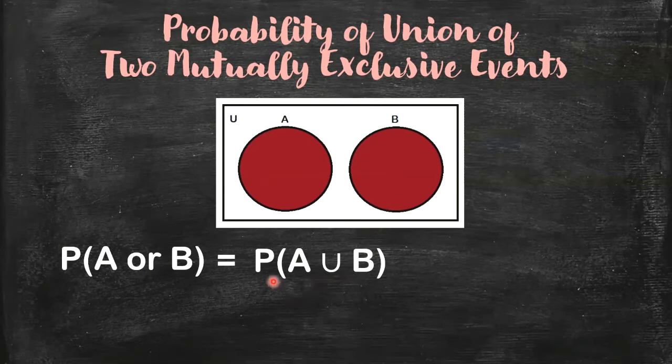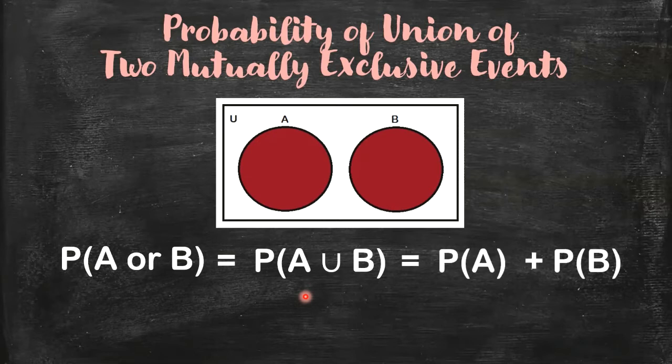Remember, the probability of A union B is the same as the probability of A or B, and this is equal to the probability of A plus the probability of B. Ganun lang kasimple if you want to get the probability of union of two mutually exclusive events.